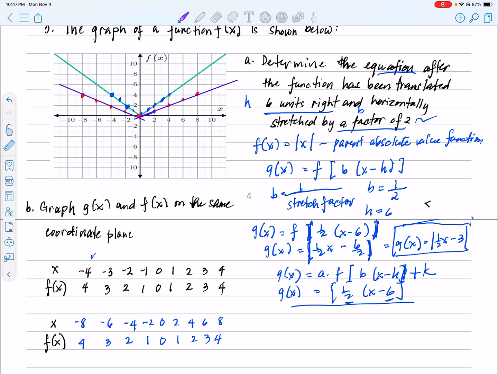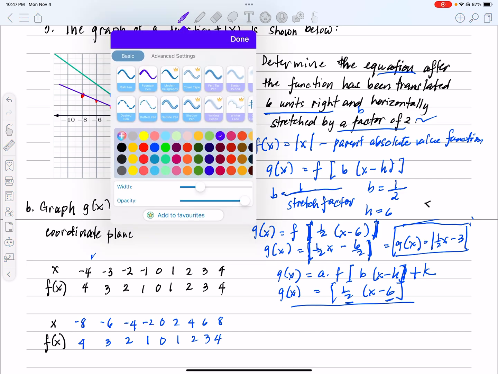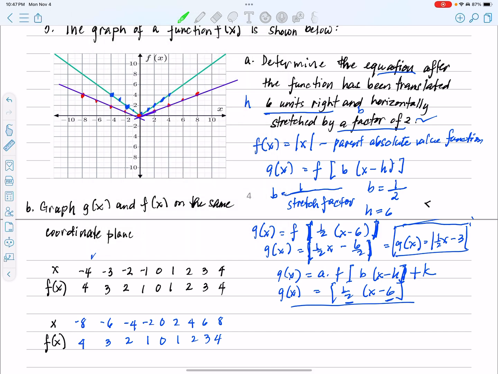So what will I do? From here, I move 6 units. Let me use another color. So if I move the 0 6 units, it will be here.